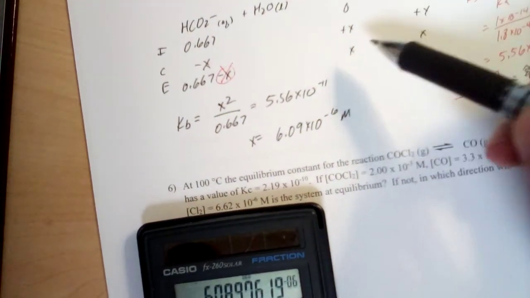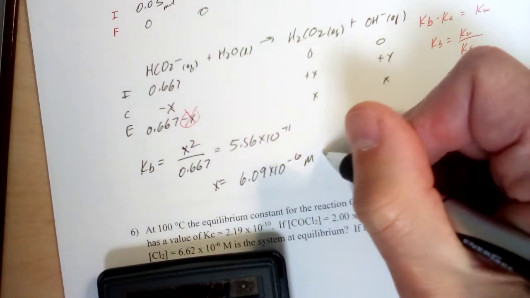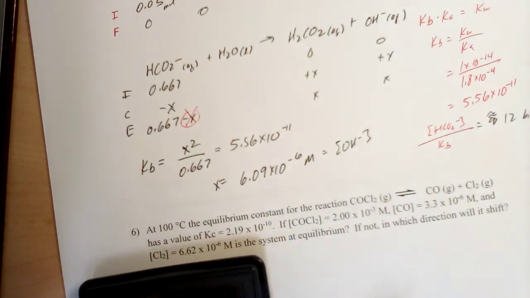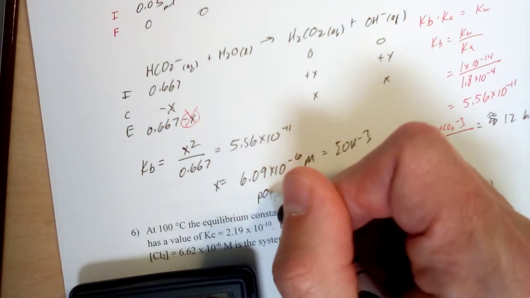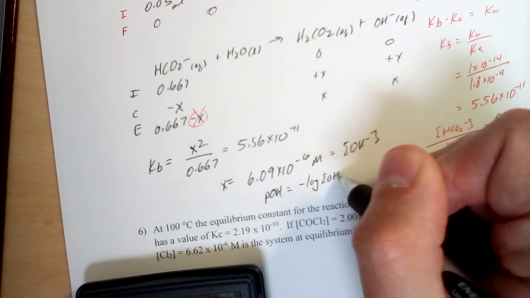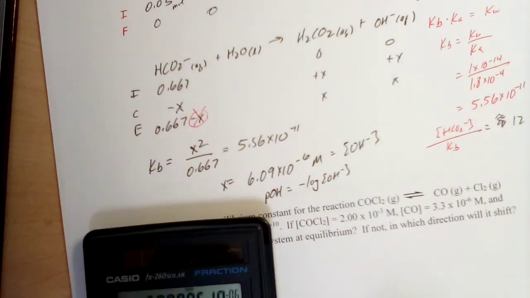Now back to our ICE chart, we called the hydroxide ion concentration x, so that's equal to the hydroxide ion concentration. Now, just like pH is related to hydronium ion or H plus concentration, we can derive a concept called pOH, that is the negative log of the hydroxide ion concentration, and that's related to pH in a way we can use.